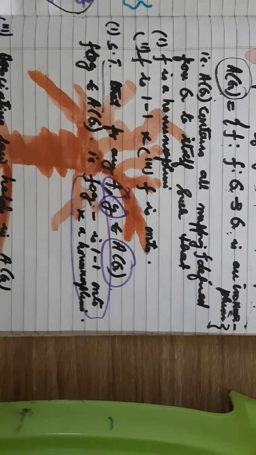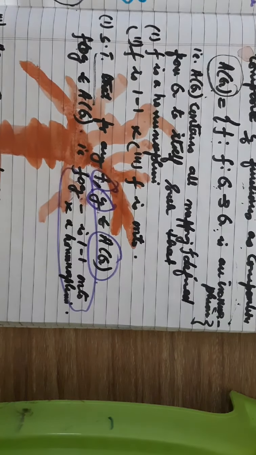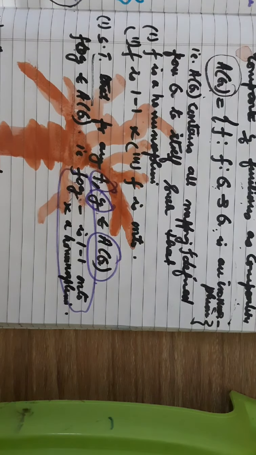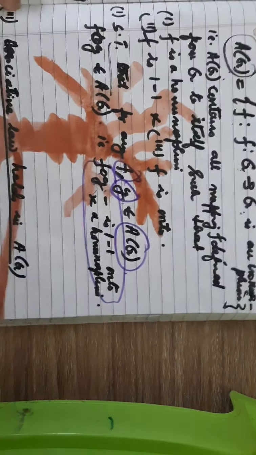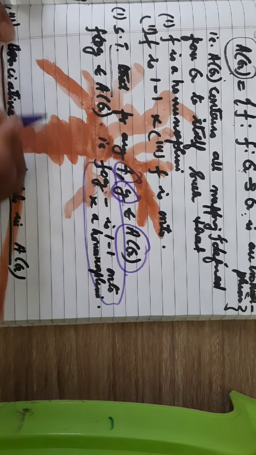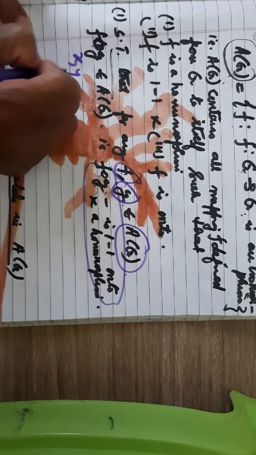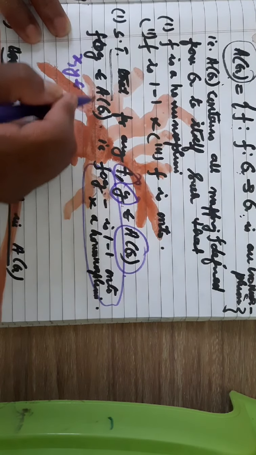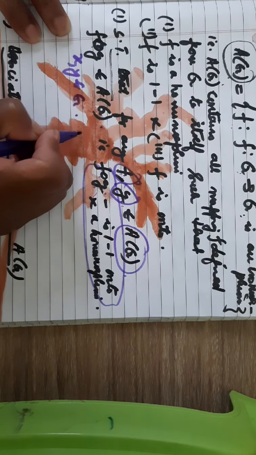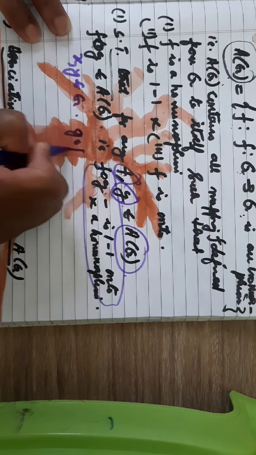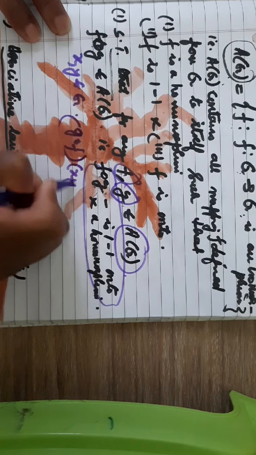So how to prove that f composite g is a homomorphism? We can take two elements, suppose x and y belong to G. Then what is f composite g of xy?